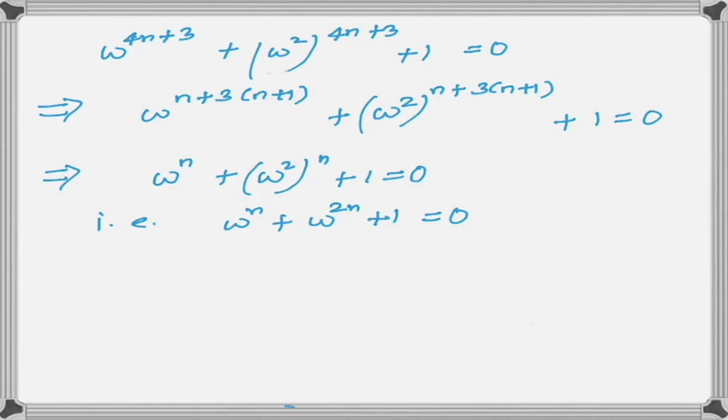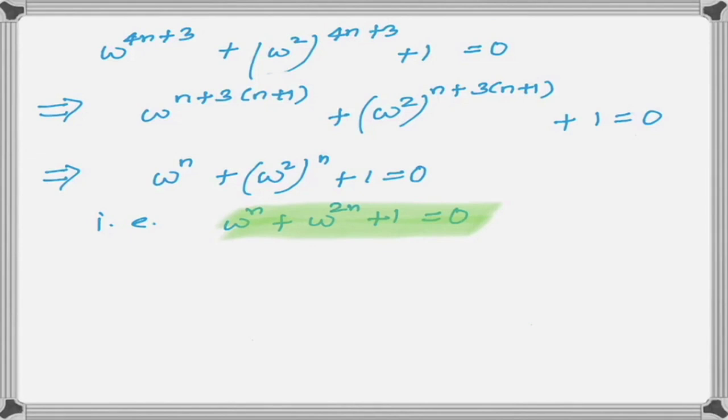We divide all possible integers in 3 parts: the ones which are multiples of 3, the second one which are of the form 3k plus 1 for some integer k, and the third case is when the integer is of the form 3k plus 2 for some integer k.